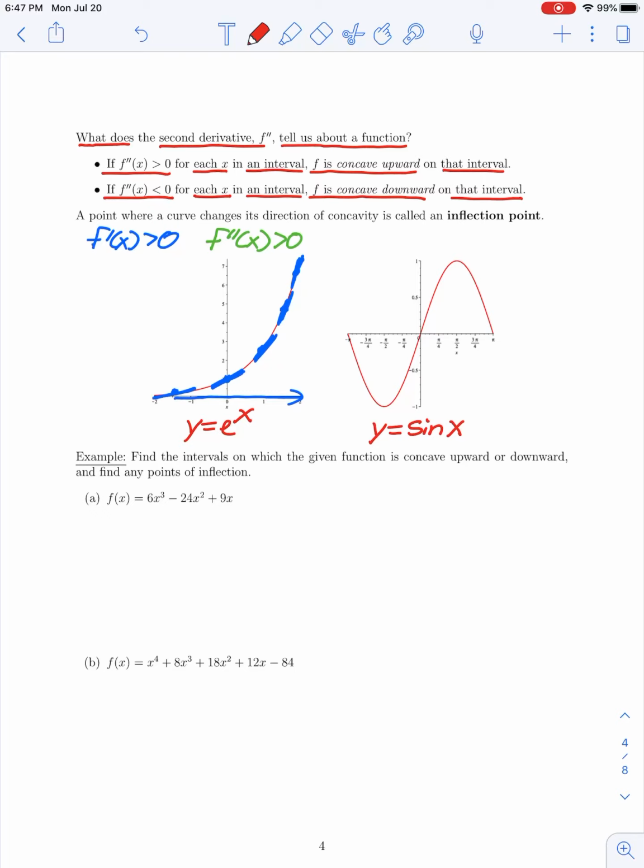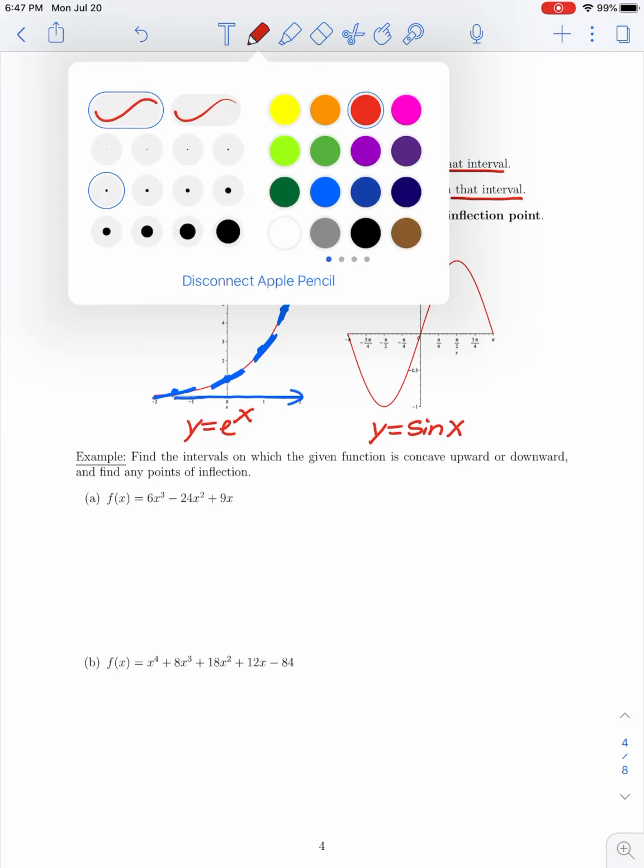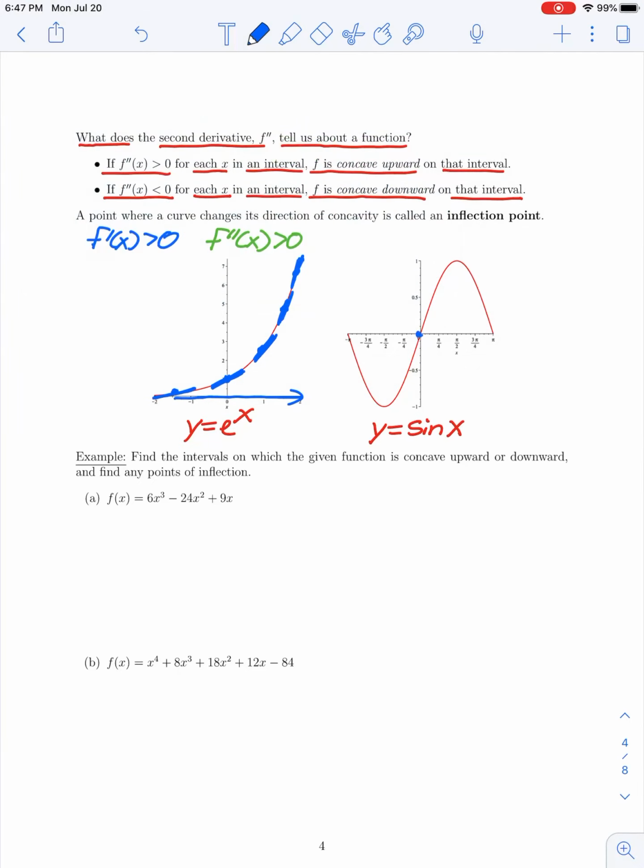And we see that on the interval from 0 to pi, or from 0 to pi over 2, our tangent line has a positive slope.